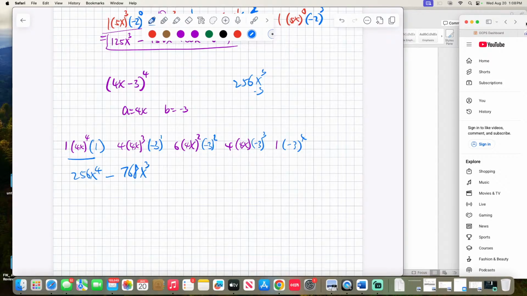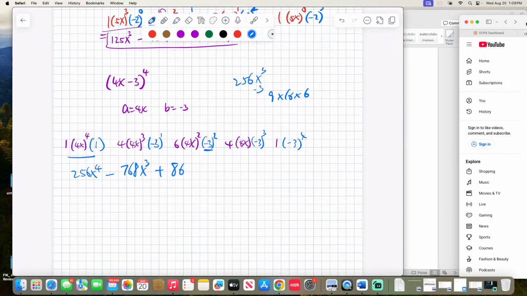Yes. Okay, for the next one, it's going to be adding because -3 squared becomes positive again. So it's 9. 9 times 16 times 6. I don't know, that's a pretty big number. 864. Everybody agree? Okay, that's going to be x squared.